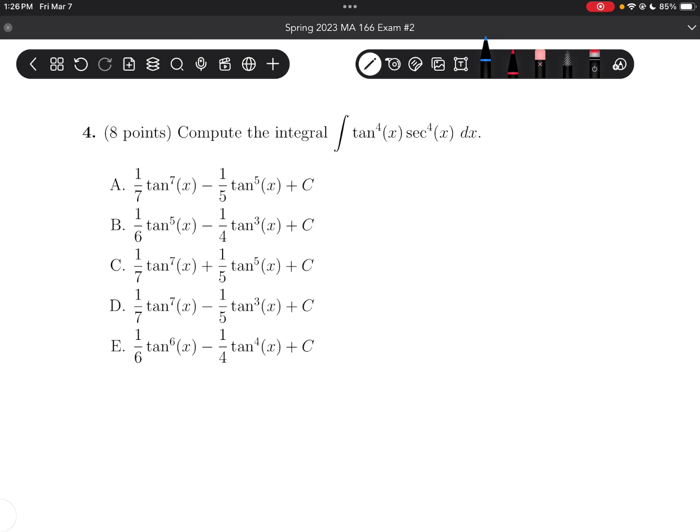So this question is another problem where u sub is a really good choice. We also see a similar type of question with powers of sine and cosine, and in that case, we can use u sub. U sub is where we set u equal to some function, and we essentially do a change of variable on our original expression.